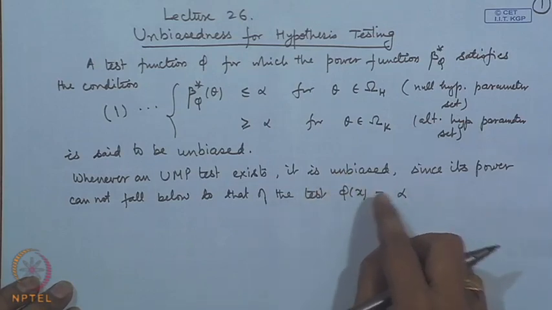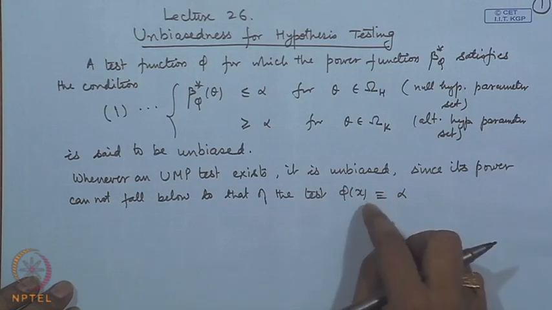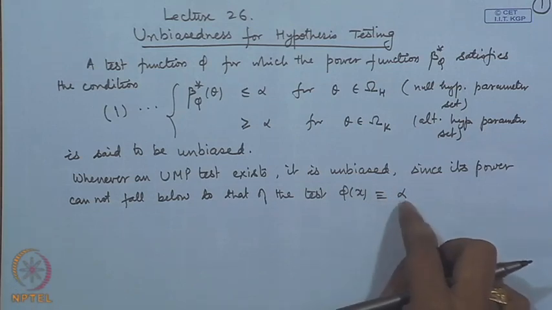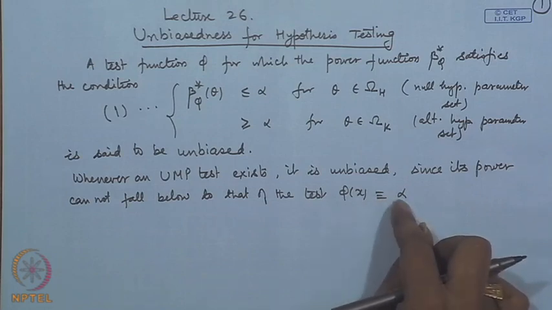That is, we always reject with probability alpha whatever be x, and we accept with probability 1 minus alpha. Then this test has expectation equal to alpha, that is, the power function is actually equal to alpha.